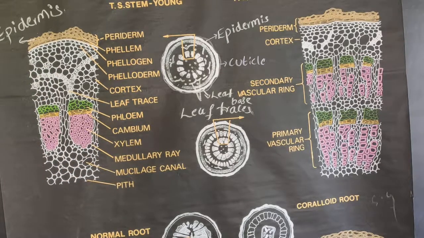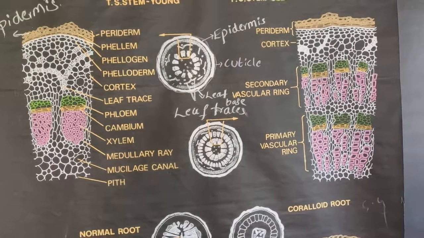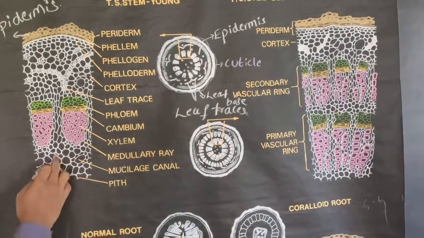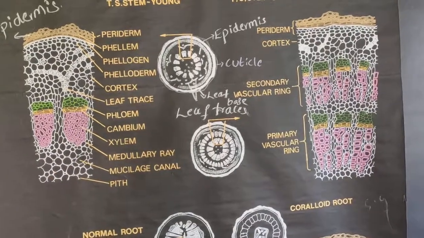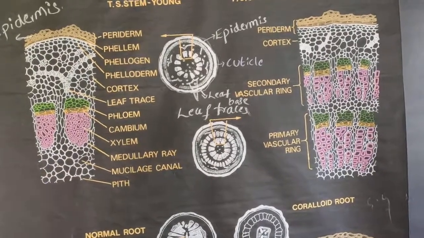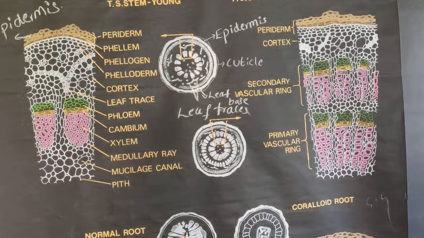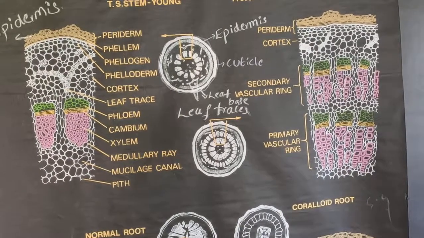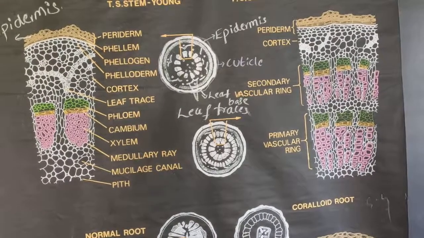Another important thing in the structure of the stem is that a large pith is present at the center. In case of root this pith is absent, but the pith is present in case of stem. So the stem structure is mainly differentiated into epidermis, cortex and vascular bundles. Let us see them one by one.